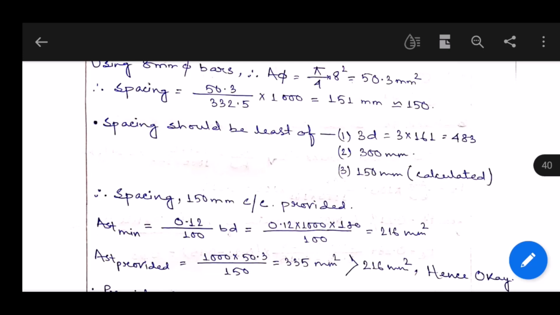Now our Ast provided, which amount of area of steel we have provided, that is 1000 into 50.3 by 150, that is equals to 335 mm square, which is greater than the value of Ast minimum, that is 216 mm square, hence okay.